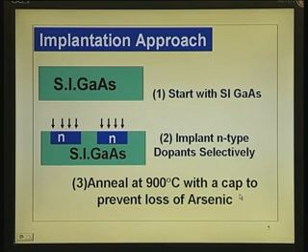So, put a cap of dielectric material, preferably the nitrides, or phosphosilicate glass is supposed to be a very good cap. So, you put the cap on the surface to prevent the loss of arsenic, or you can use some arsenic over pressure during annealing. These are the tricks which are done to prevent the loss of arsenic.